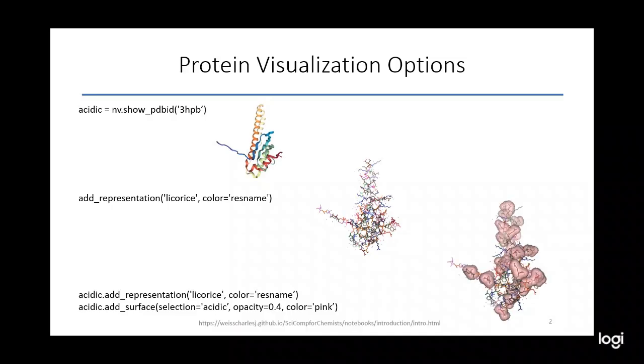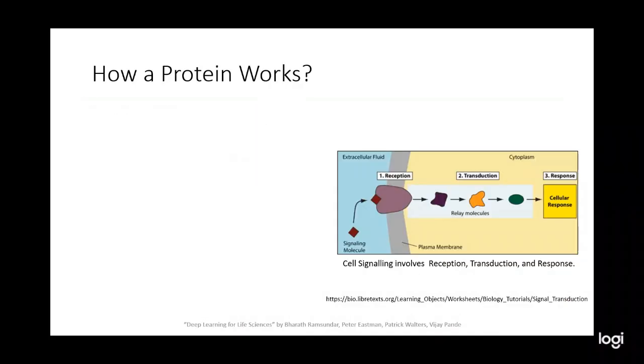In session 7, we will discuss how a protein works in a cell after a small ligand binds to the protein. Proteins play a crucial role in cell signaling, a process essential for cellular communication and function.